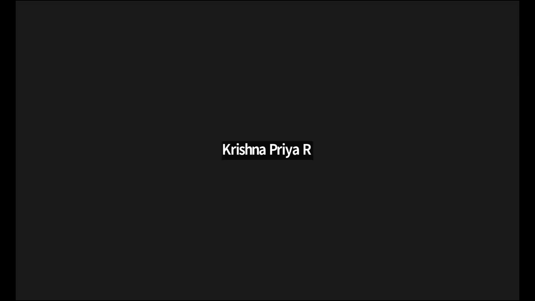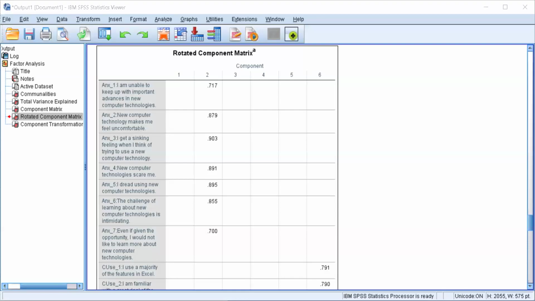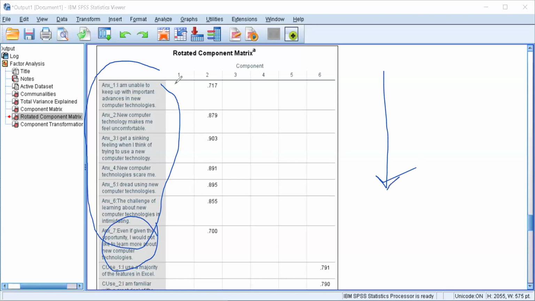So what happened? We had 38 variables in all. हमने जब काउंट किया था, अगर हम नीचे तक जाते हैं, you will see that there are 38 variables. 38 variables को factor analysis ने क्या किया? 6 variables में define किया. और 6 variables भी कैसे?